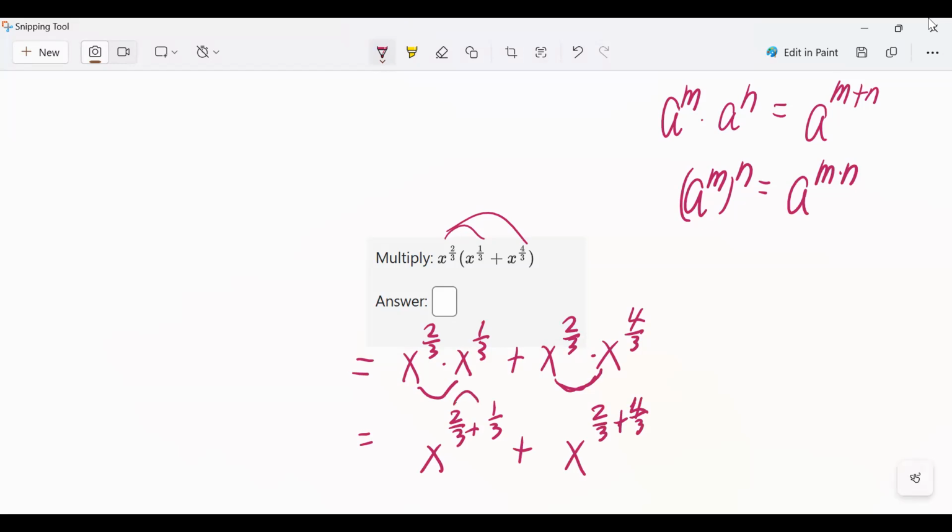On the exponent, they both are like fractions, so you can just sum them up. The first one becomes 2/3 plus 1/3, that's exactly 1. And then 2/3 plus 4/3 is 6/3, which is 2. So this is x plus x squared.